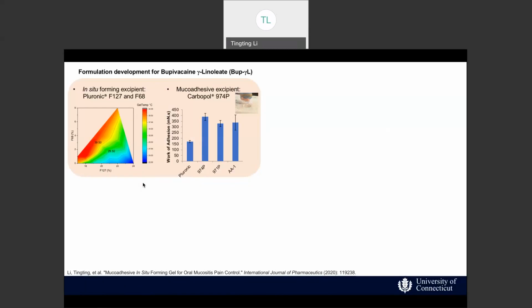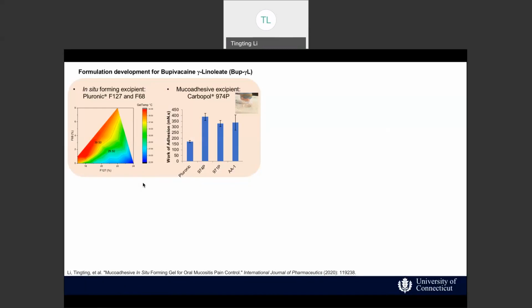From the result, we can tell that F127 reduced the gelation temperature, whereas F68 increased the gelation temperature. By taking advantage of the properties of these two polymers, we're able to manipulate the formulation to result in a final gelation temperature below body temperature but higher than room temperature.